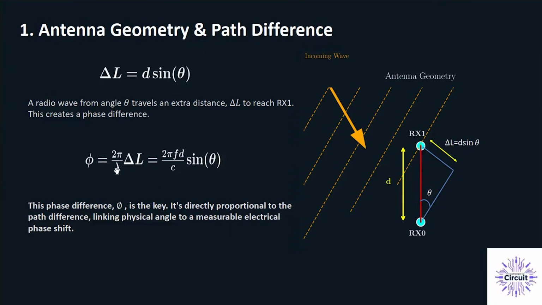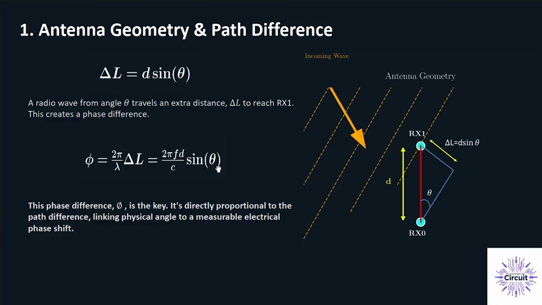If I put lambda, which is the wavelength, as c over f, where c is the speed of light as it propagates in vacuum and f is the frequency of the wave, I end up with this equation. So if I know phi, which is the phase difference between RX1 and RX0, and I know D and I know the frequency, I can calculate theta.